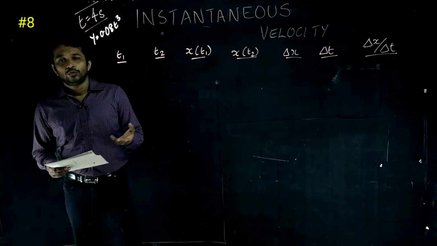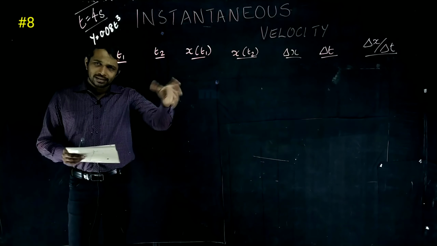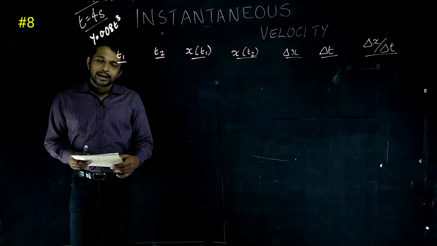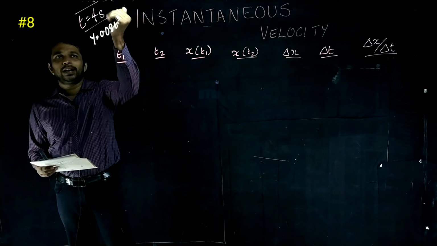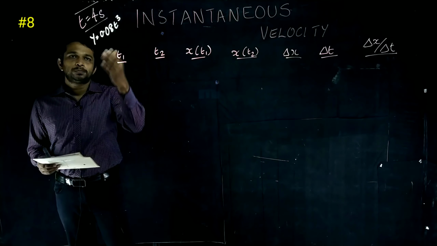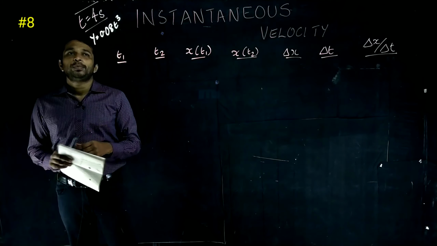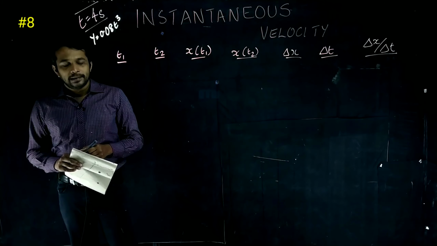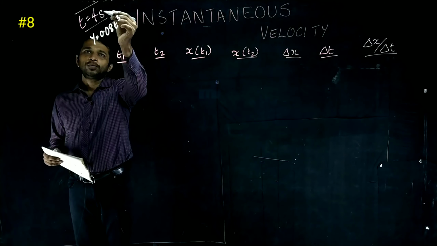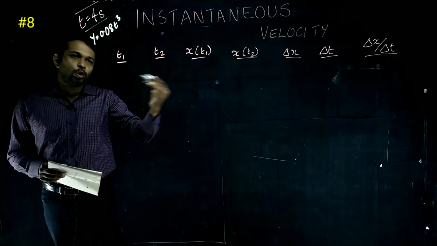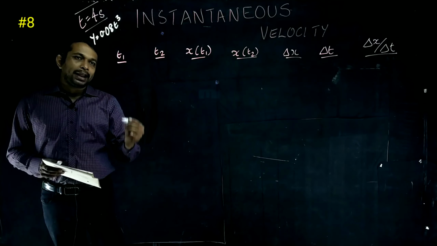Now you know velocity is simply the distance traveled divided by the time taken, right? And you have been asked to find the velocity at 4 seconds when the object is moving according to the equation x equal to 0.08 t cube. For 4 seconds let's take 1 second to the left and 1 second to the right side.